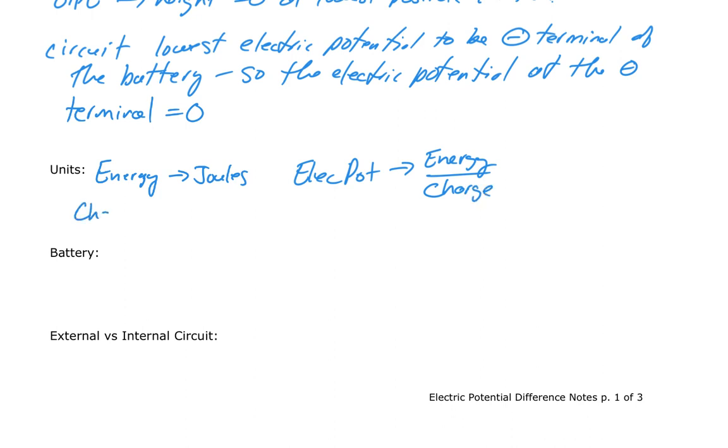Now we're going to measure charge in a unit called coulombs. We talked a little bit about coulombs in our electrostatics unit. So if electric potential is electric energy divided by the charge, we end up with units of joules per coulomb, capital C. This has a special name, because physicists like to give things special names. We call that a volt, V-O-L-T, and that's exactly what you measured in the light bulb lab. You can also use capital V to stand for volts, okay?